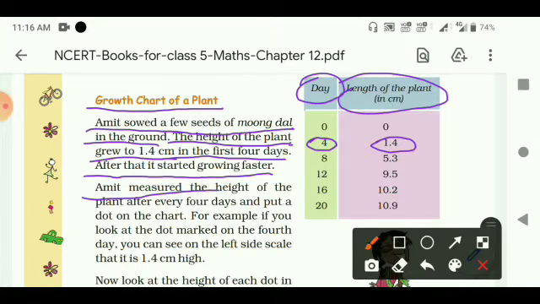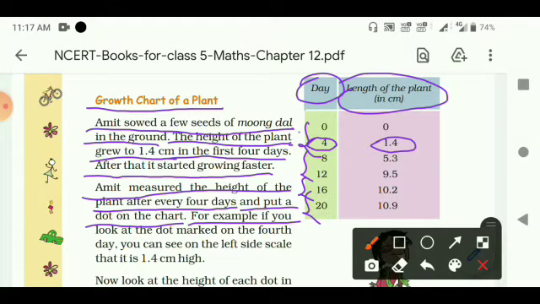Amit measured the height of the plant after every 4 days and put a dot on the chart. So 0 to 4, then 4 to 8, 8 to 12, 12 to 16 and 16 to 20. In this way he measured the plant after every 4 days.